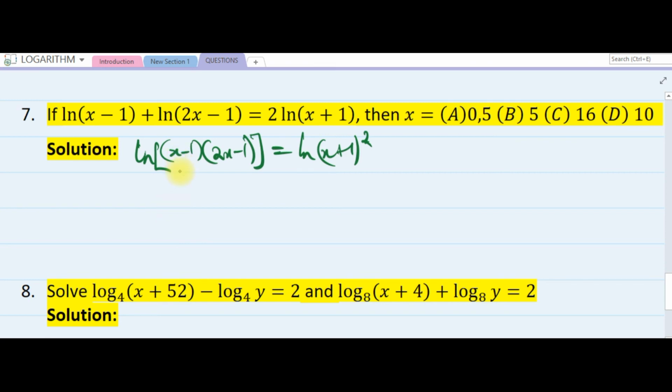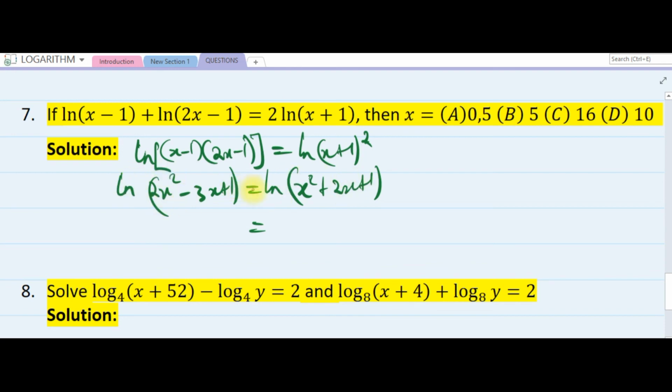So this multiplying expansion, x times 2x, so we have 2x squared minus 2x minus x is minus 3x plus 1 equals ln of, we can expand this, x squared plus 2x plus 1. So the left hand side must be equal to the right hand side.